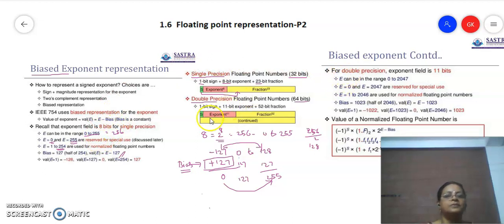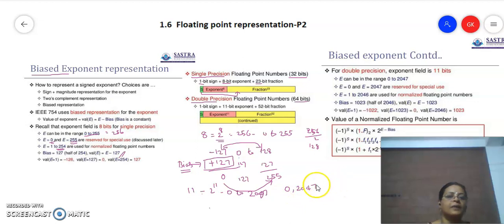Now coming to double precision, the exponent is going to be 11 bits. With 11 bits, you can represent 2 power 11 symbols. So the total range will be from 0 to 2047. In this case, as usual, the 0 and the last value will both not be used.